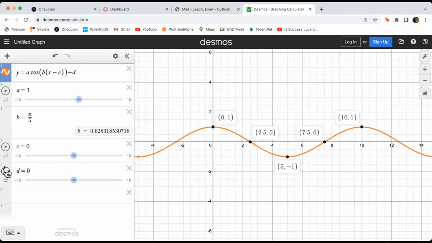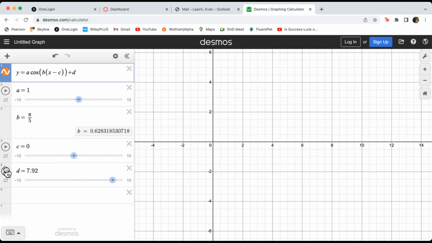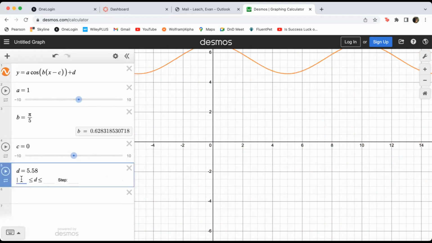Last time we observed that if we put D in motion, the graph goes up and down. Okay, that's a little bit too much. Let's calm D down a little bit. Okay, now go in motion. And then it goes all slow.